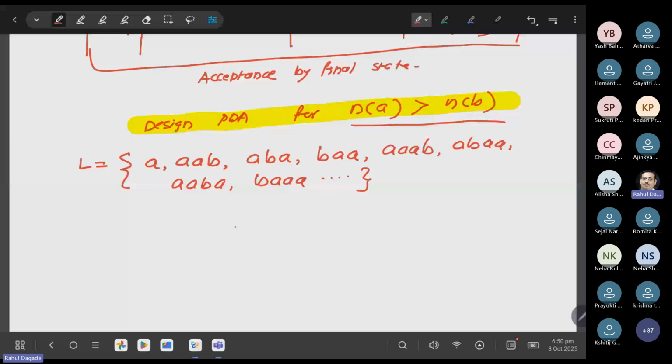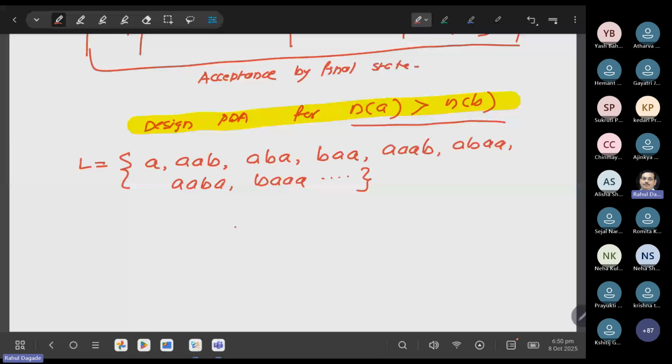Start state. When you have A as input and Z0 on stack, push it on stack. A is input, A is on stack, then push it. B is input, Z0 on stack, push it. And B is input, B is on stack, then also push it.